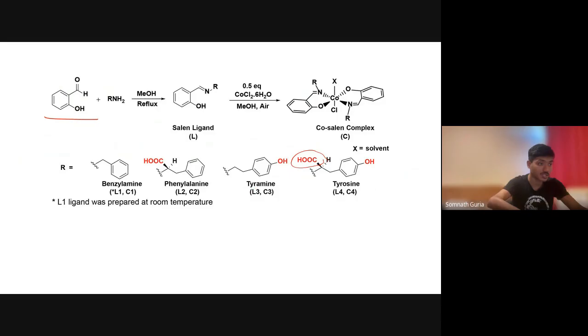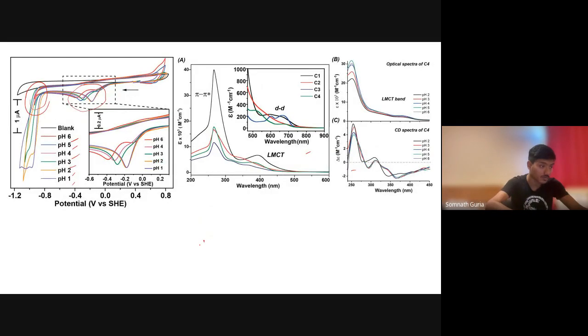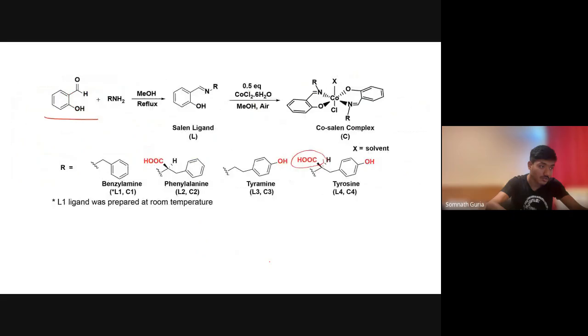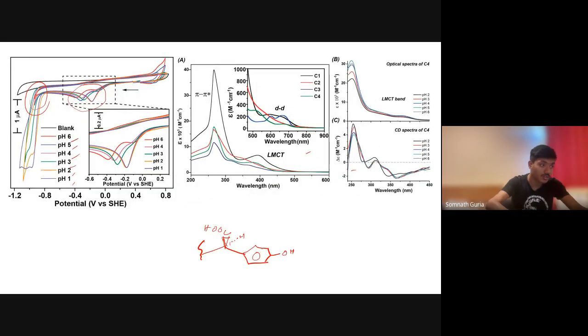we can draw it over here also. It is a tyrosine: COOH, we have the hydrogen below the point, and then we have the benzene ring with OH. This proton has a pK of around 3 to 4.